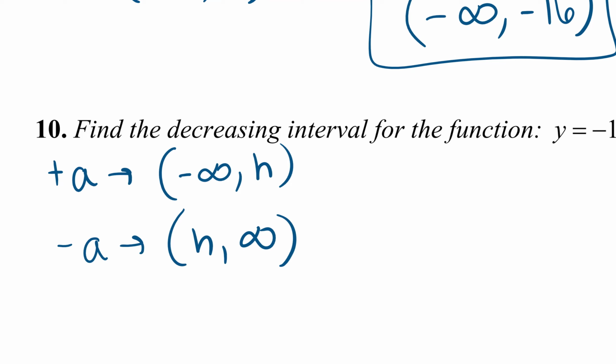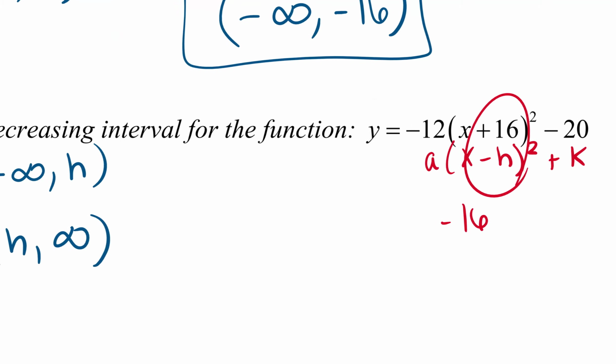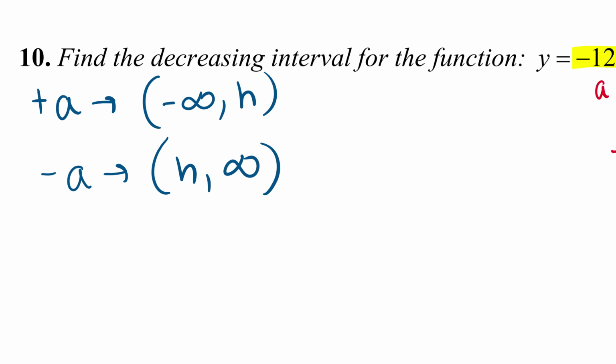That just doesn't happen. All right, so looking at this, again, you may or may not have the same thing. All I need is h. I need h, and I change the sign just like I did before. And because a is negative, I'm going to have my decreasing interval, which is h, comma, infinity.